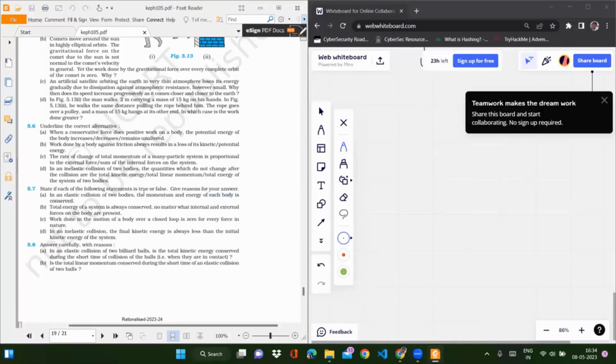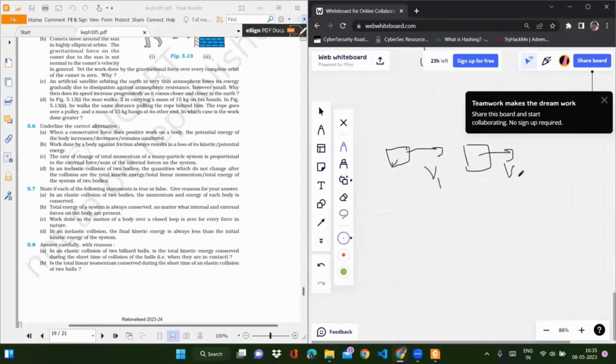So definitely for each body, the momentum and energy will not be conserved. This will not be the same. There will be a change in the momentum and a change in the energy. As we see, if we consider two bodies which are moving, and when there is a collision, there will be a change in these velocities v1, v2.